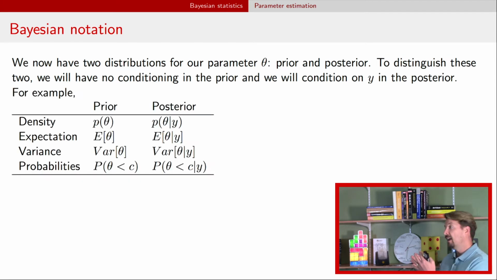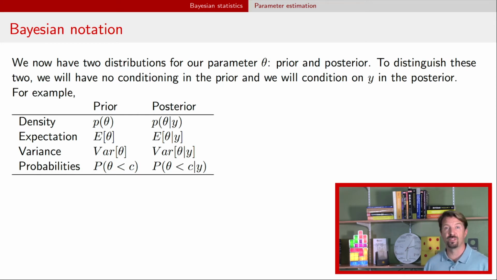So here's a quick summary of where we're going and where we've been. So that first line, we typically have a density. So we have p(theta), that's the prior. Then we have p(theta given y), that's the posterior, that's been updated through the data y. From that density, we can calculate an expectation. We're going to write the expectation in the prior as just E(theta), and the expectation in the posterior as E(theta given y).